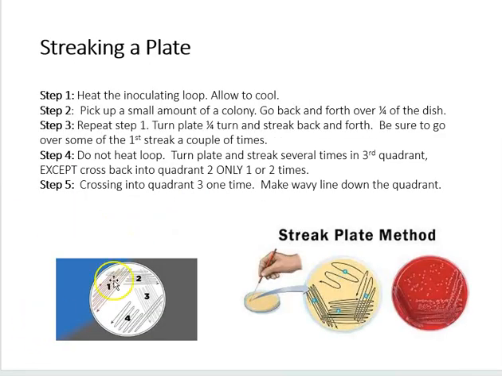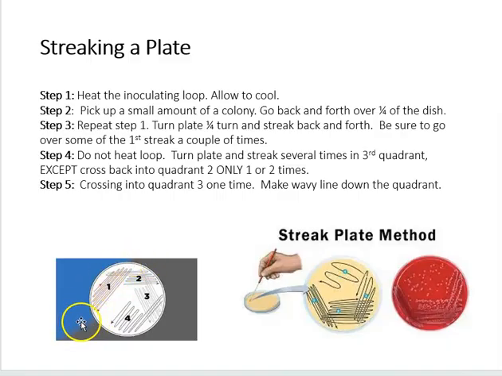So the way we do this is we take our original specimen, okay? Sometimes it may be heated, or we may just streak. So if we've got a swab or a liquid, we put a drop there, or with a swab, that would be the first streak.